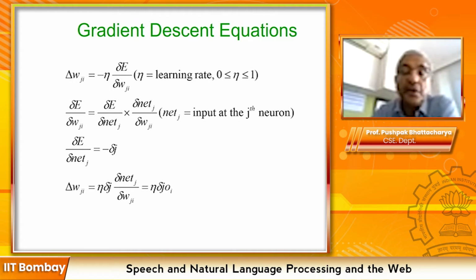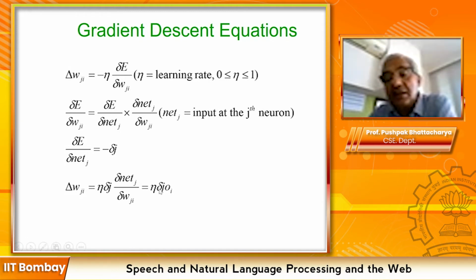This formula comes in different forms and different shapes and different contexts, but the underlying principle is the same. The change in weight is a function of the learning rate, the feeding neuron's activity, and the error activity at the destination neuron.